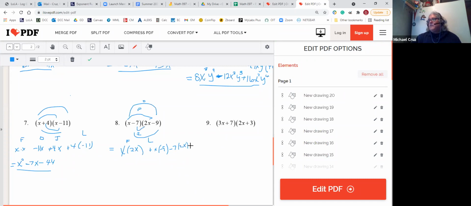Making this too long, but so what do we got? X times x is always x squared. And then that's just 2 times 1. X times -9 is -9x. And then this is negative times negative, so that's -63.